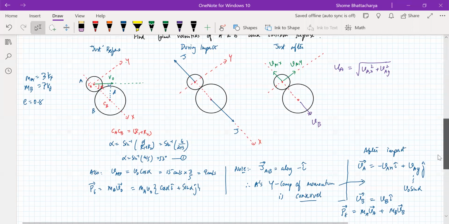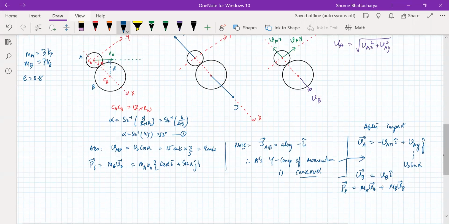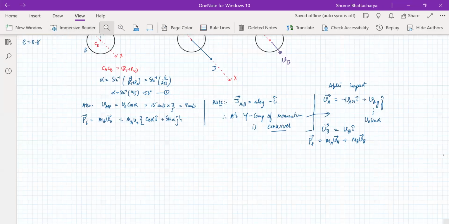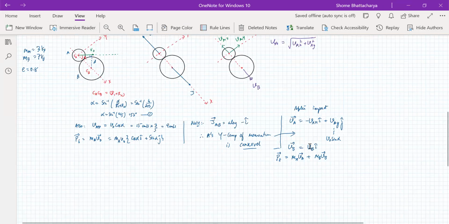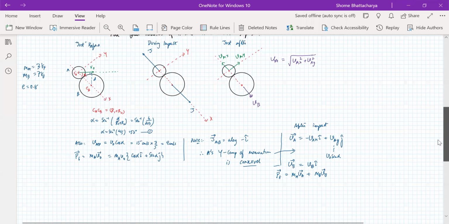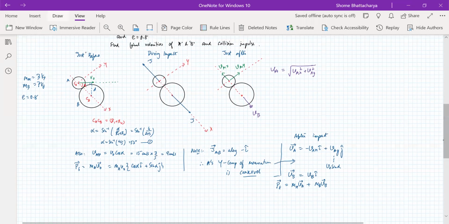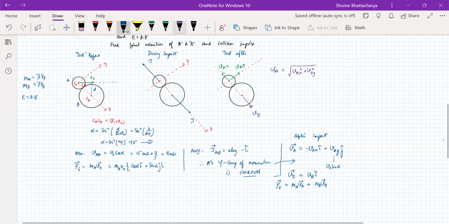Okay, so let's write this momentum conservation equation now. This momentum conservation equation itself will show us why the y component of velocity remains V naught sine alpha. We just equate the initial momentum with the final momentum for the system.